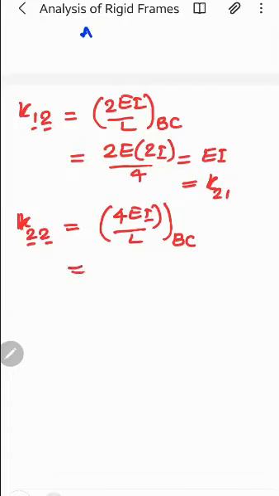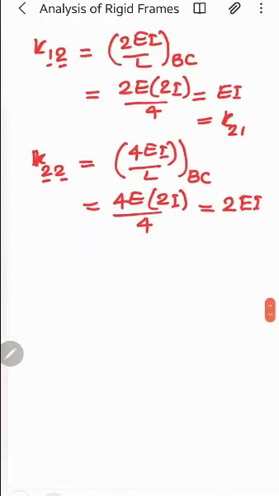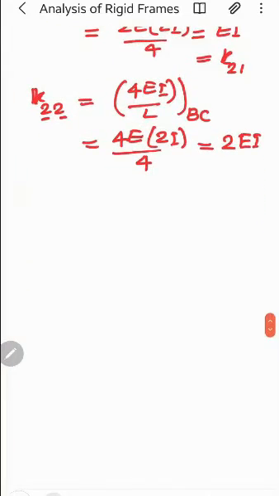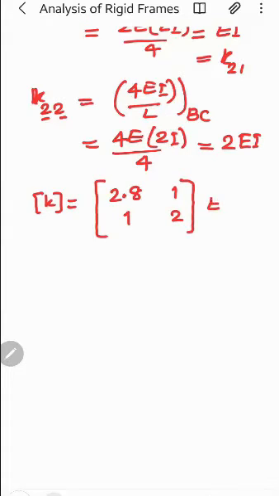So if you substitute for BC member, 4E into 2I by L, that is 4, so it will be 2I. Right? This is the 2 by 2 matrix. So therefore your K matrix is, first column is 2.8112 into EI. So this is simple, your K matrix.